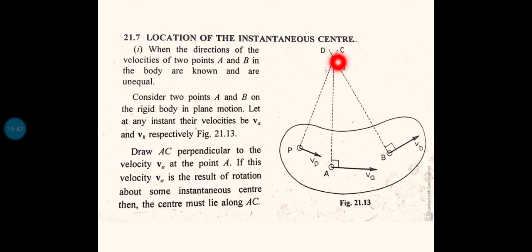So the radius of rotation for point A is, actually not Ca, if I take I as the notation for the instantaneous center, Ia is the radius for point A, and Ib is the radius of rotation for point B, and Va, Vb are the linear tangential velocities. This is very important: the velocity considered should be tangential. Va is drawn perpendicular to this radius, so that means it is tangential. So that is satisfied here.